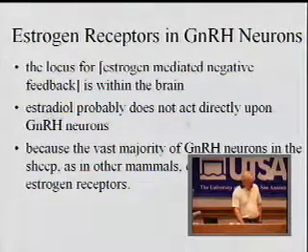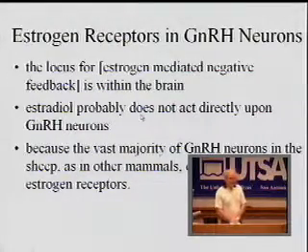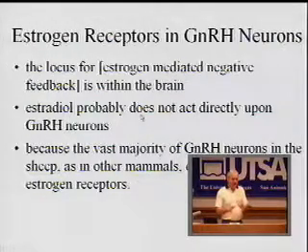And the evidence as it emerged over the years, you remember the initial method we talked about for visualizing cells in the brain that contained steroid hormone receptors was to inject the animal.